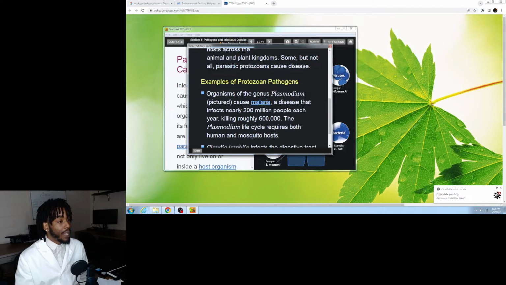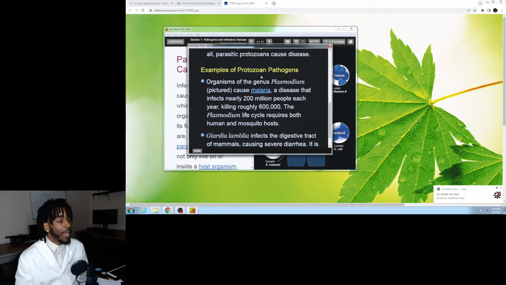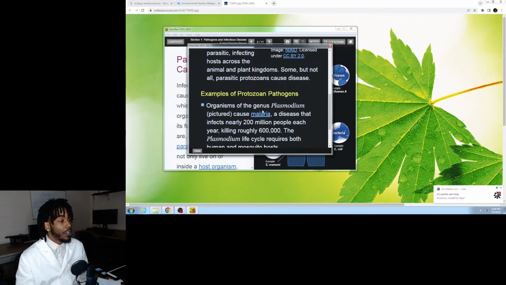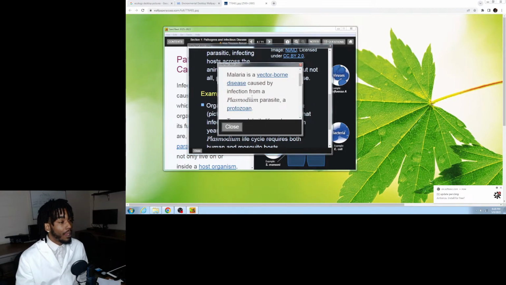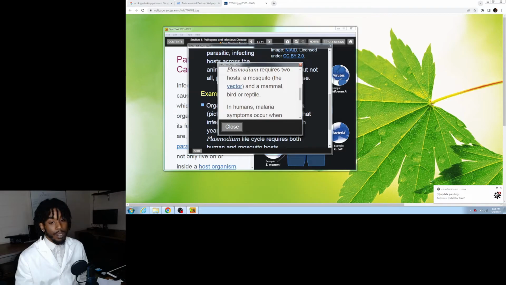An example of that is malaria, a disease that infects nearly 200 million people each year, killing roughly 600,000. And I'm not sure if we've all heard of malaria, but malaria is a vector-borne disease caused by an infection from a plasmodium parasite, a protozoan.